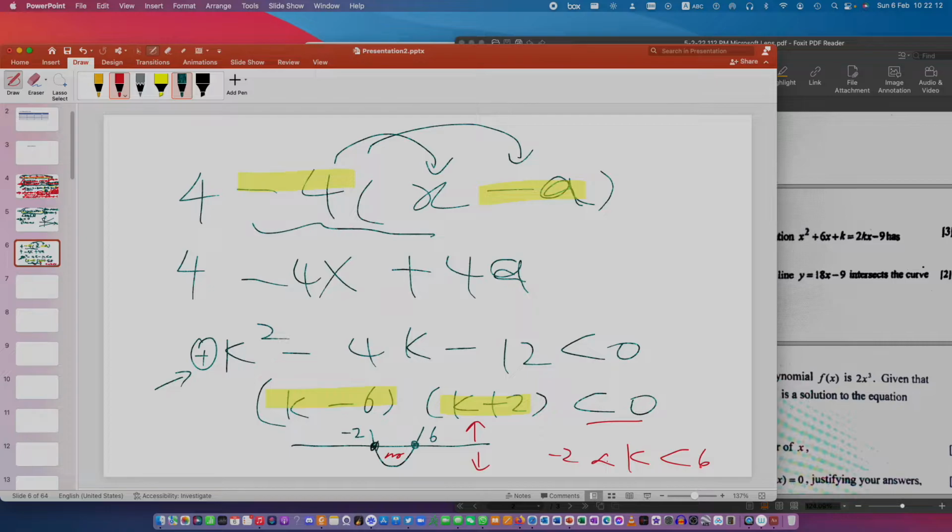Are you clear? Okay. So this question is in terms of x, but they ask you for k, so you need to make use of the concept of discriminant. Actually, there's a similar question, but I finished the question.